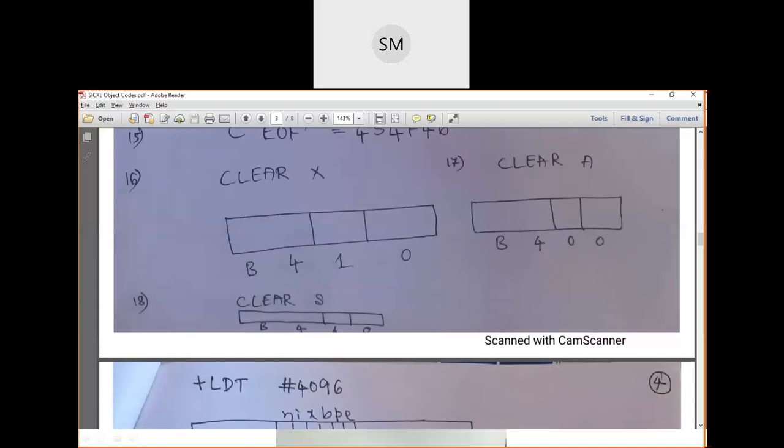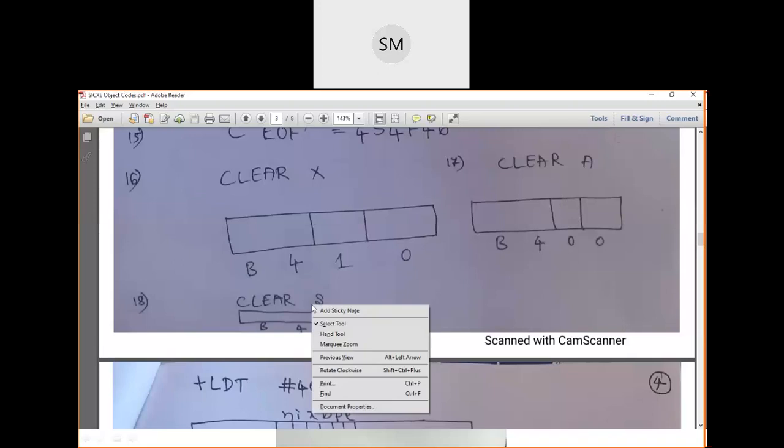Okay. Then CLEAR X. Since it is format 2, the CLEAR opcode you write as B4, and the X register number is 1, and there is no second register, that is the R2 register. So directly just put it as 0. Similarly CLEAR A: the opcode is B4 and the number of register A is 0.